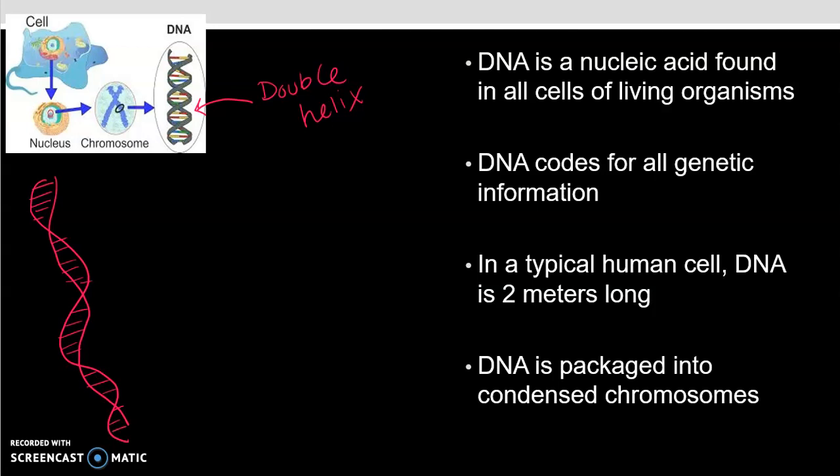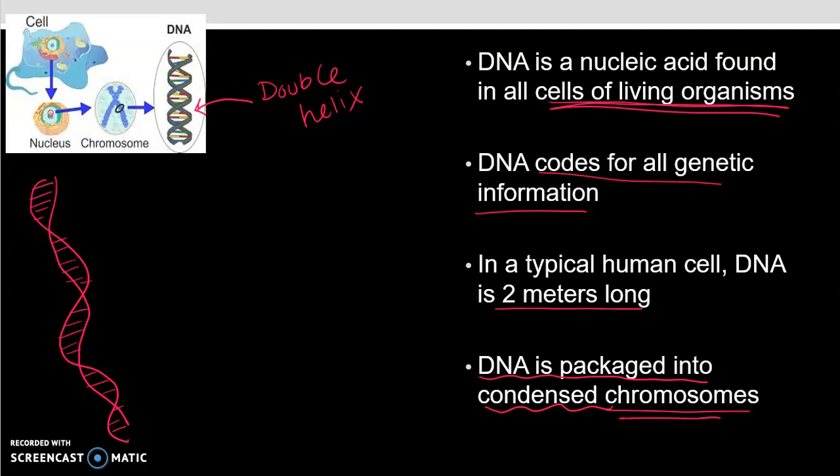DNA codes for all of our genetic information, and it is in all living organisms. So it has to be tightly packed or condensed into structures that we call chromosomes. And the reason for this is because our DNA can be up to 2 meters long. And in humans, we have 46 chromosomes. So there are 46 of these inside of a nucleus.